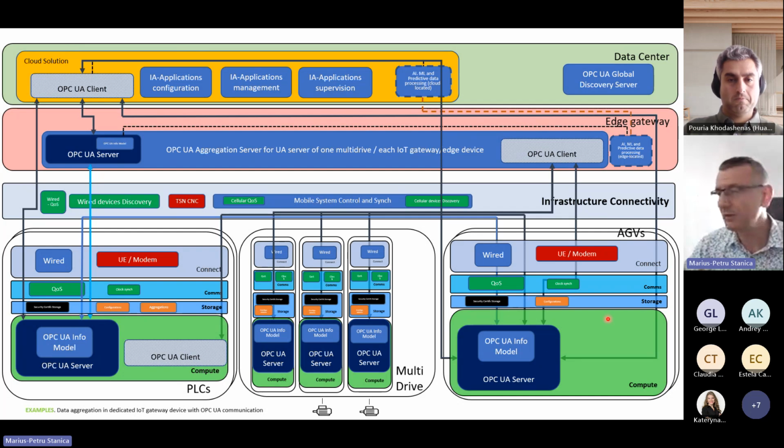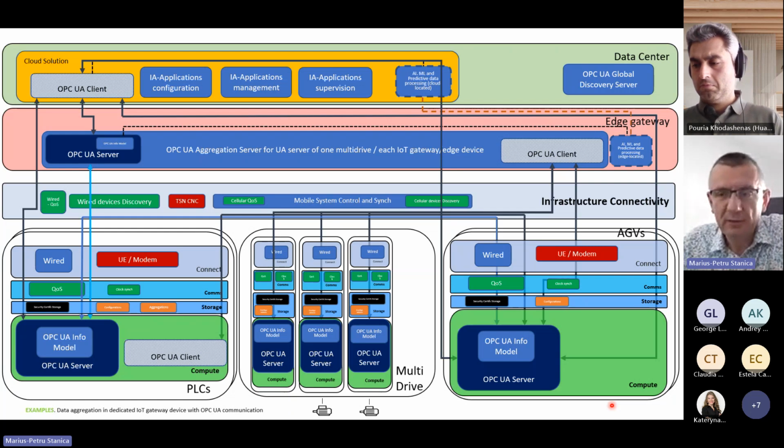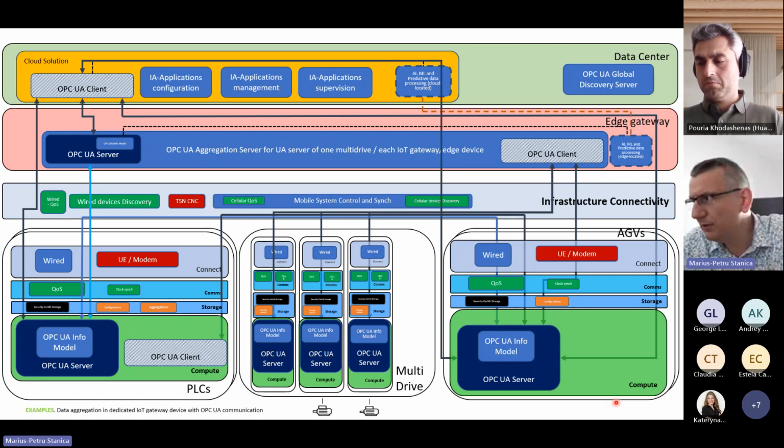Then we also have an AGV, which is maybe not so far from the PLC in the architecture. This is just an example, but they can even be together. It might be that in an AGV we also have a PLC. We have some backup slides for that, and we can look at them too if you want.